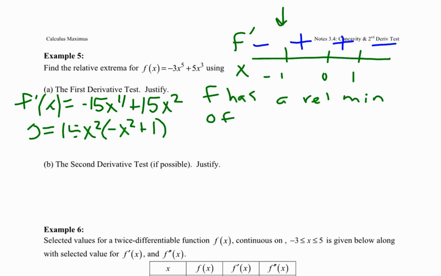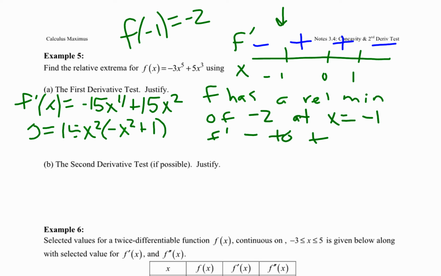If you plug that in, f of negative 1, so what would we get? Looks like that would be negative 2. So f has a relative min of negative 2, and we'll say at x equals negative 1, since f prime changes from negative to positive there.